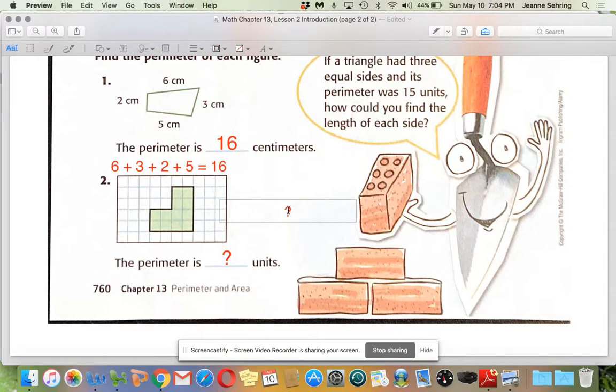Here we go. So the top up here is 2, plus this long side here is 1, 2, 3, 4, plus the bottom is 1, 2, 3, 4, plus this left side all the way over here is 2.